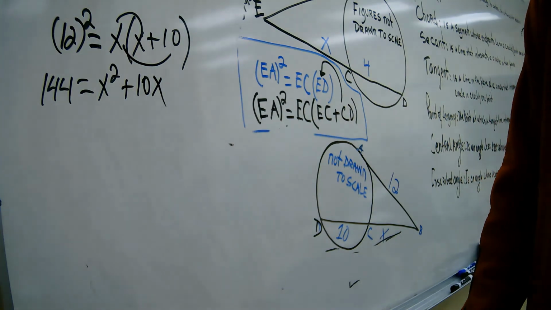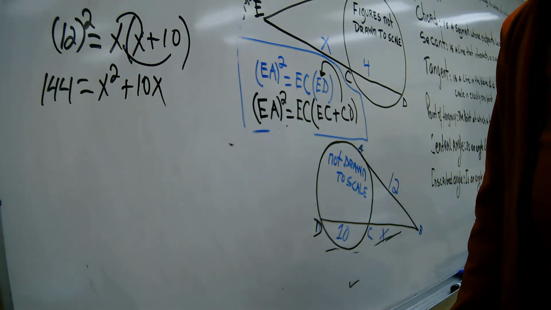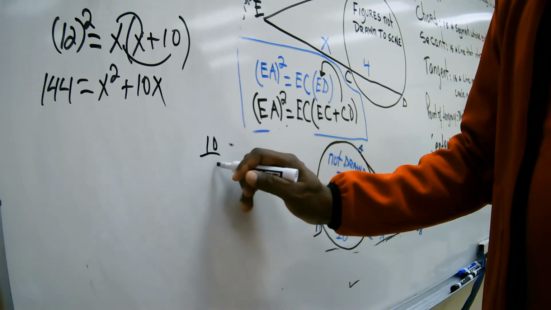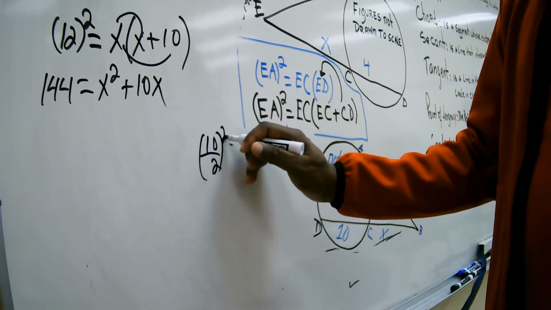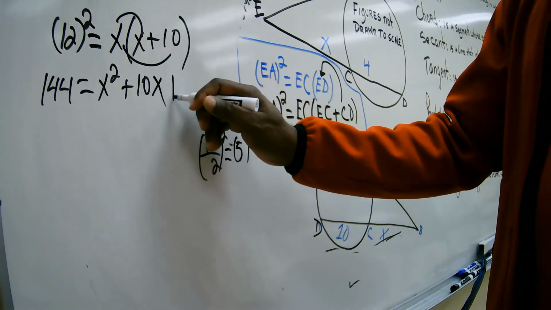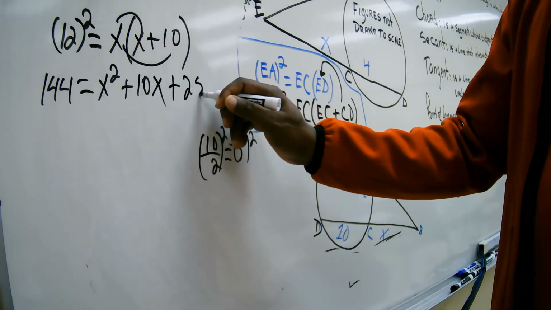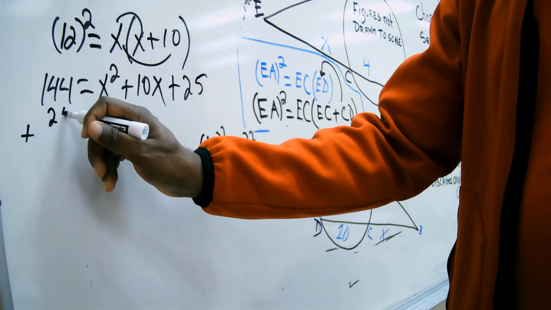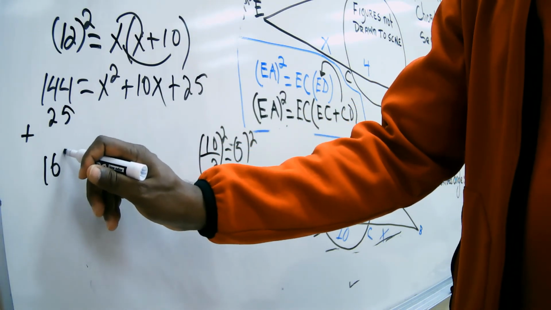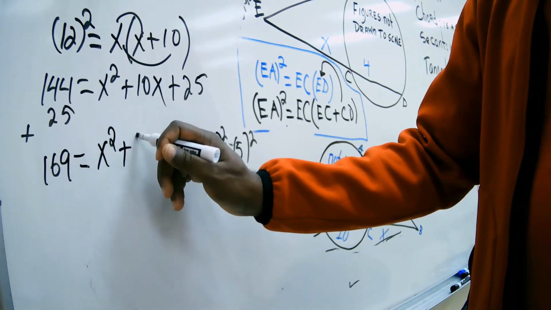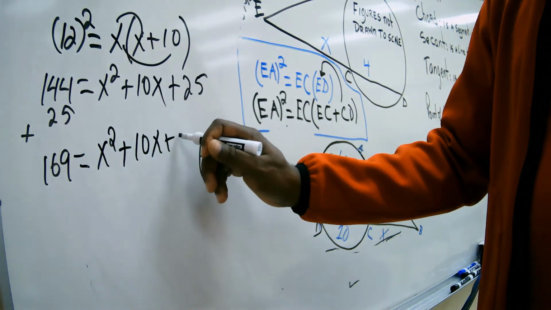We're going to use completing the square again: you take 10, divide by 2, which gives you 5, and square 5, which gives you 25. Then you add 25 on that side, and you have to add 25 on the other side. So this will give you 169 equals x squared plus 10x plus 25.